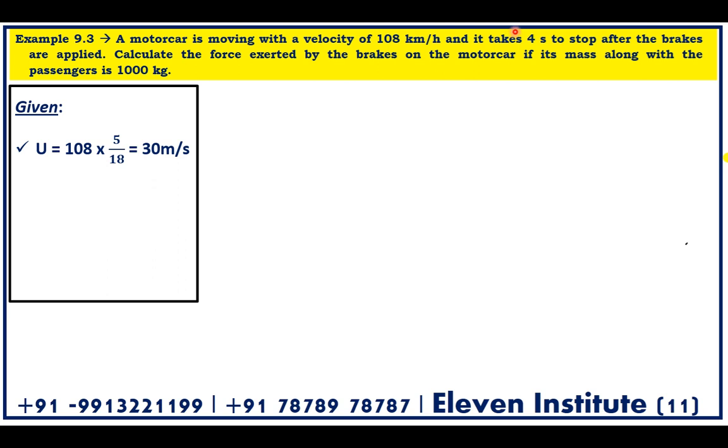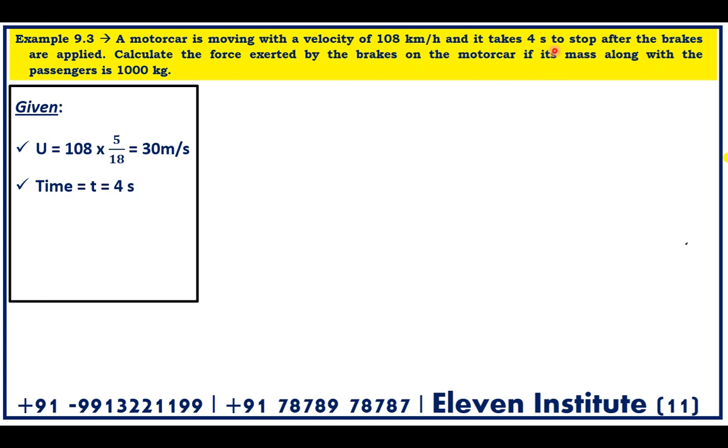Right? And it takes 4 seconds to stop after brakes are applied. Means the car is moving at this high velocity. We are applying brakes, means we are applying force, and it takes 4 seconds for the car to stop. So first thing is that I can write time is equal to 4 seconds.